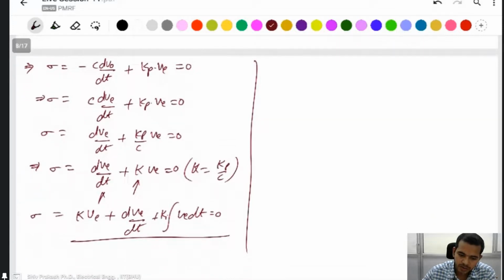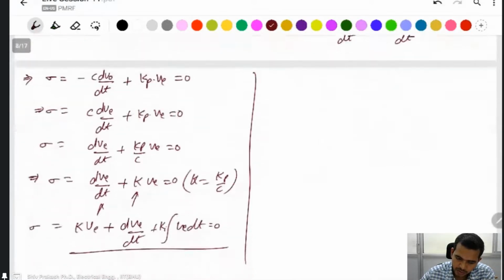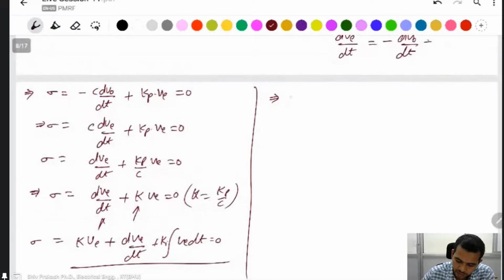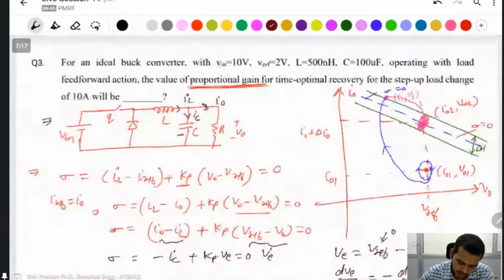Now here, we ask about the load changing from I01 to I02. Then what happened? You know about the average inductor current, average inductor voltage and average capacitor current for the buck converter.